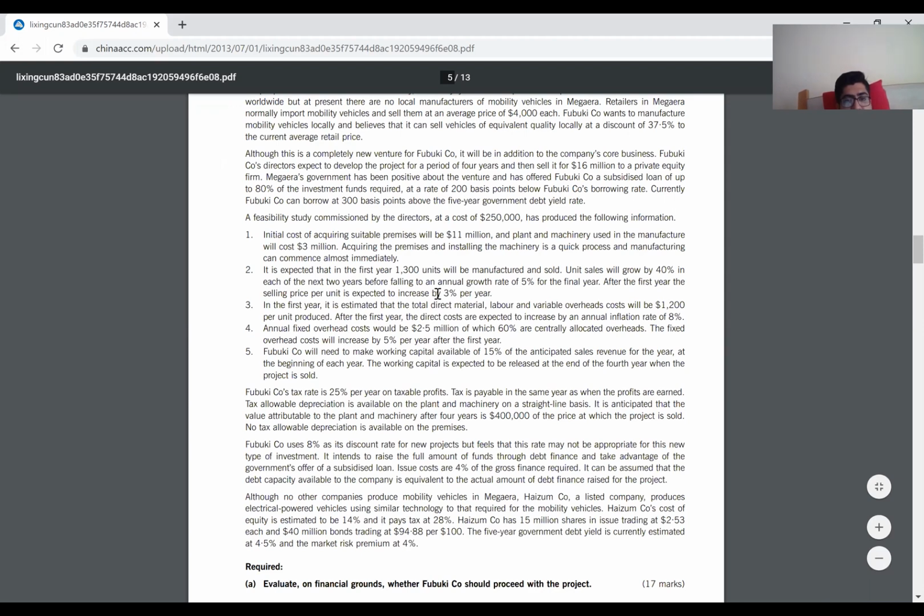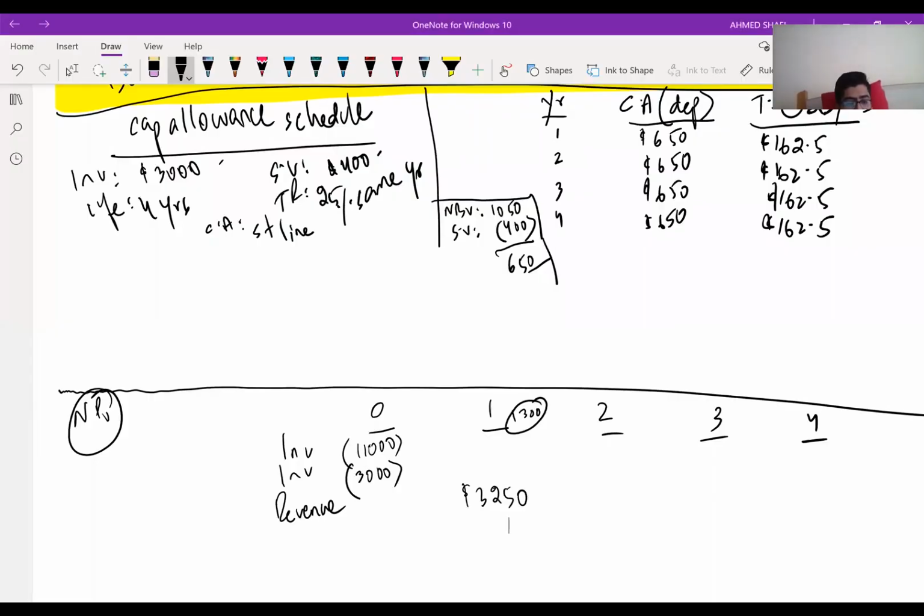Increase that 40% and then 5% for the final year. So units are going to be 1,300, then 1,820, then 2,548, and finally 5%, 2,675.